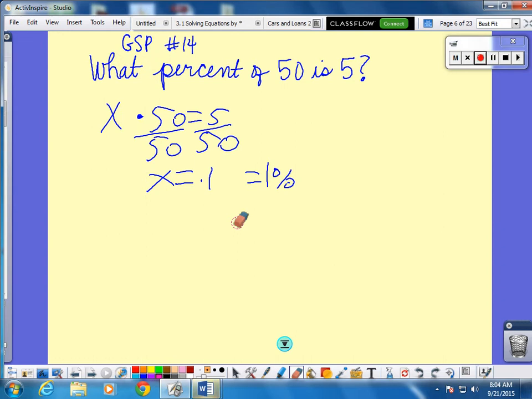Okay. Is it equal to 1%? Because we got to move our decimal over 2 places to the left. Like here's our decimal. Good enough. That's a big old decimal. So here's our decimal. So if we're going to go 2 places, yeah. Okay. Good job. Anybody have a question?